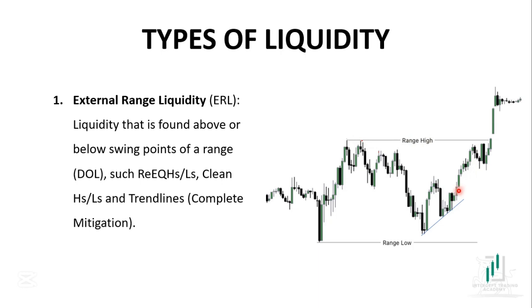So at each bullish PD array in this example, the market makers, or rather the banks, will execute more buy positions, which will fulfill that initial order of 4 billion euros, targeting our external range liquidity.